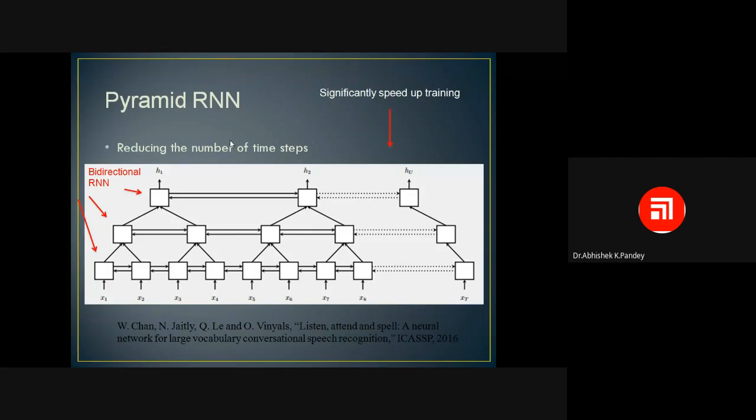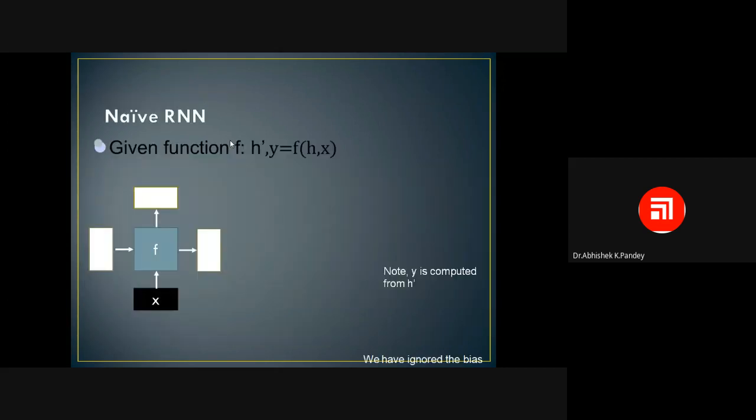It is done like the face recognition we are doing, with the basic dataset we are having. If we are able to reduce the number of time steps, we are going in the right direction. It will significantly speed up the training, and if it does, then you are in the right direction and your result will be very much valid.